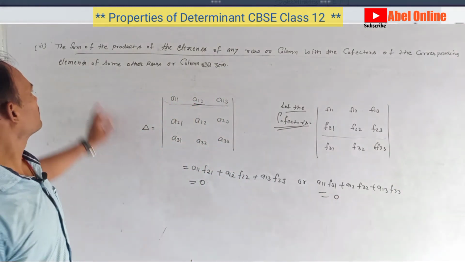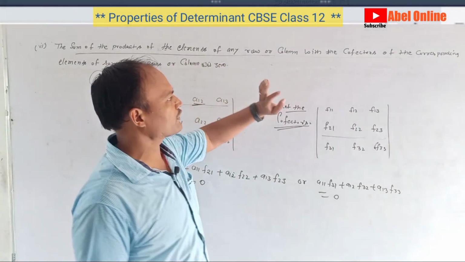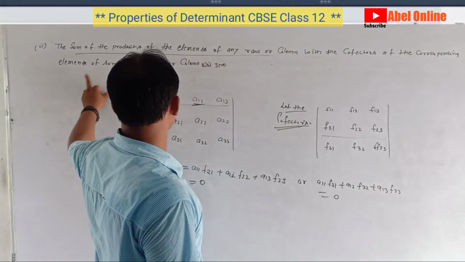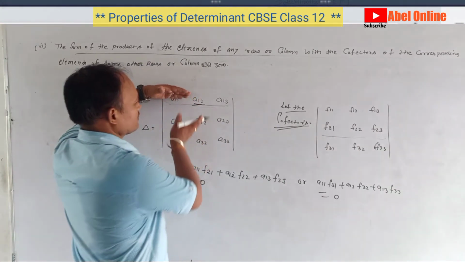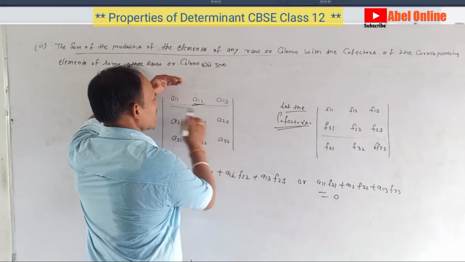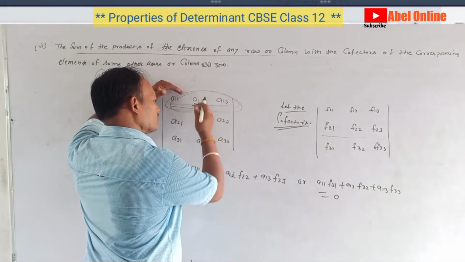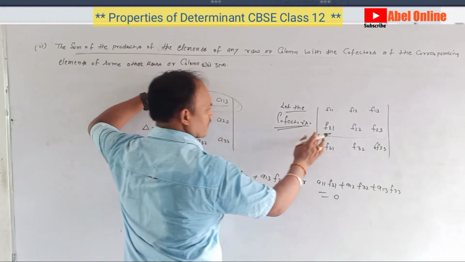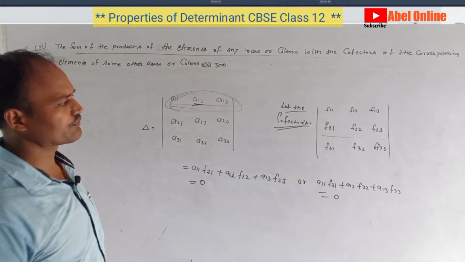The sum of the products of the elements of any row or column with the cofactors of the corresponding elements of some other row means we do not take the same row, we take the other rows, these two. So the answer is 0.